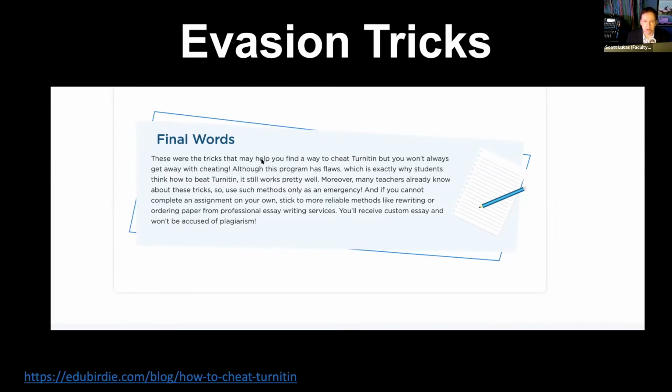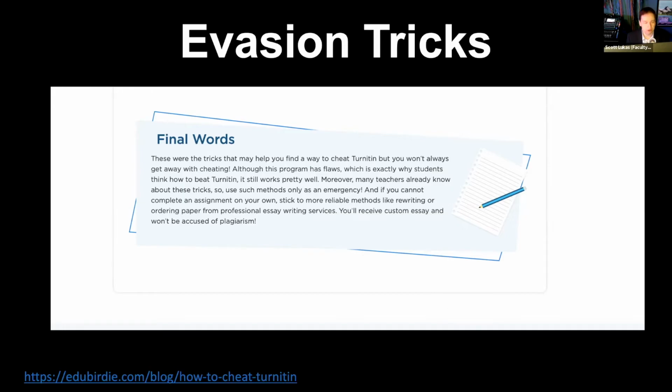These were the tricks that may help you find a way to cheat Turnitin, and you won't always get away with cheating. This program has flaws, blah, blah, blah. And it just says here, if you cannot complete the assignment on your own, stick to more reliable methods like rewriting or ordering paper, not very well written, from professional essay writing services. You'll receive custom essay and won't be accused of plagiarism.